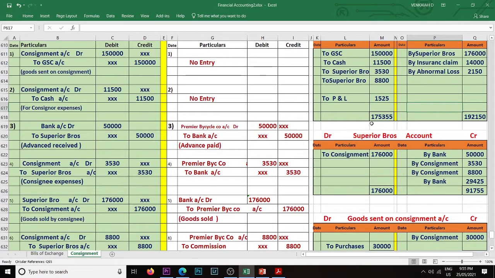Now we have to calculate profit. 192, 150. 50 is needed here. 150, it is 25, you will get 50. So it is 320.